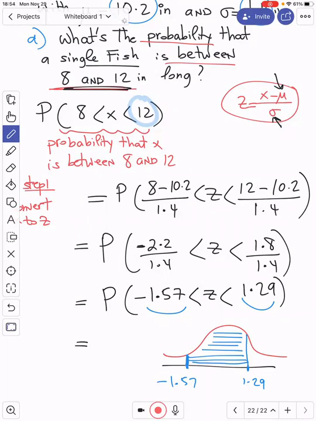Well, what we said in section 7.3 is we take the area to the left of the 1.29, this area here, represented by this green arrow. That's the area to the left of 1.29. And we subtract the area to the left of the negative 1.57, right? This area here.